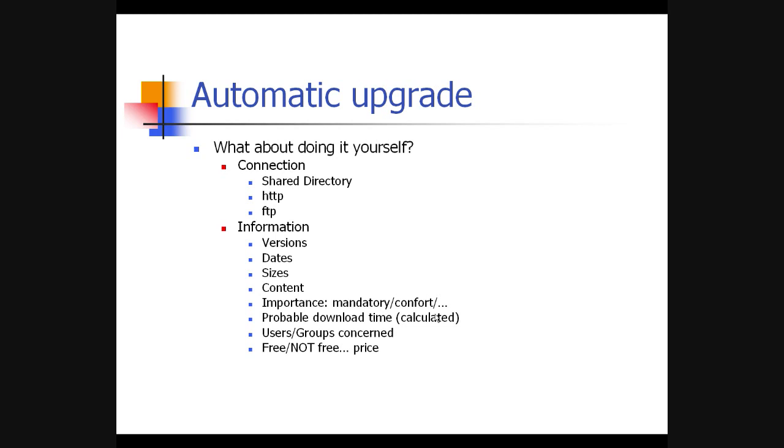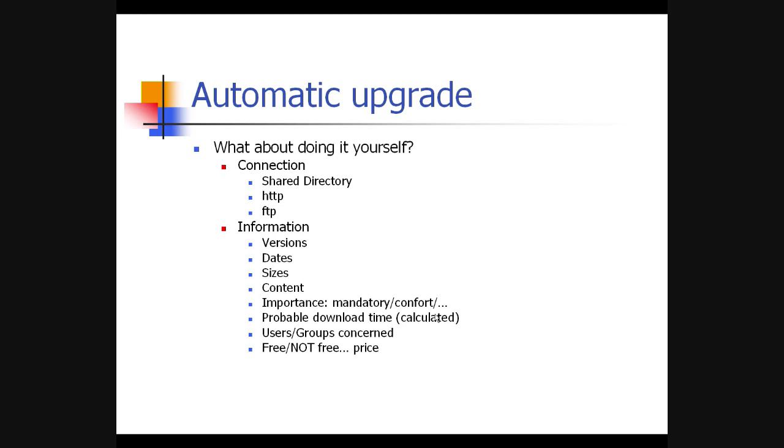And each time there is a new version available, either for the free one or the paying one, you will have this software looking on the upgrade server and downloading information and saying, well, there's this new version, this one is free, it does that and that yours doesn't, so you can download it. But there's also this other version that is not free, that does all that your current version doesn't, and you can buy it for the very little price of this by clicking on this link.